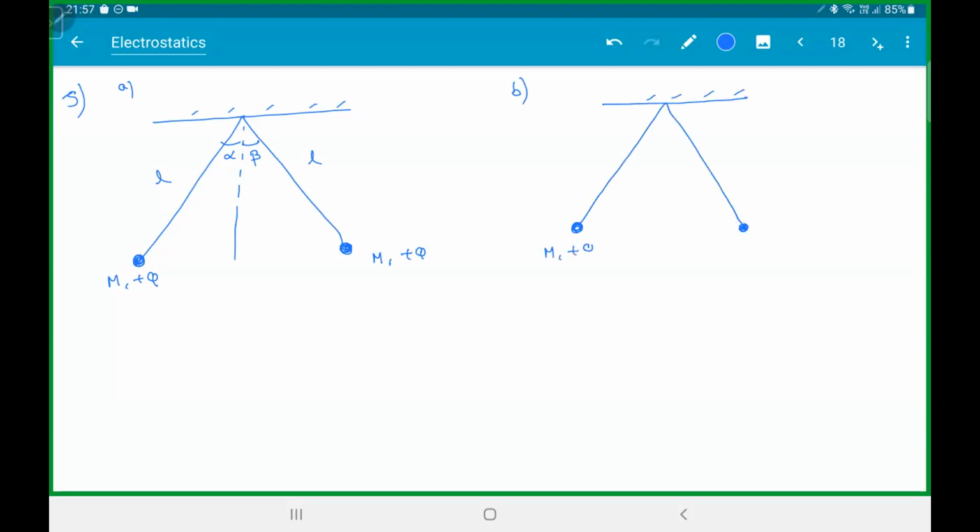In the second case, mass M, charge Q, length L, mass M, but charges 2Q, with angles alpha dash and beta dash. Can you compare alpha and beta here? Compare alpha and beta, two different problems. Meaning alpha equal to beta, alpha greater than beta, alpha less than beta.